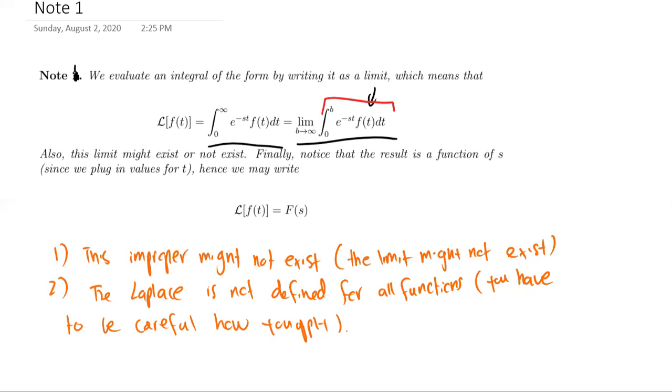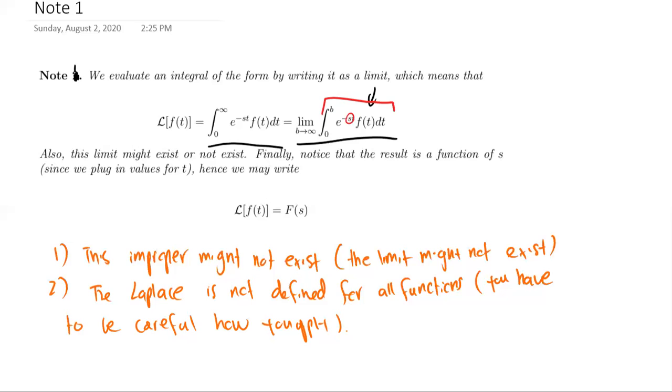Since we're plugging b in for all the variables t, this expression is no longer a function of t. The only variables left before we take the limit are s and b, and after we take the limit, the only variable left is s.